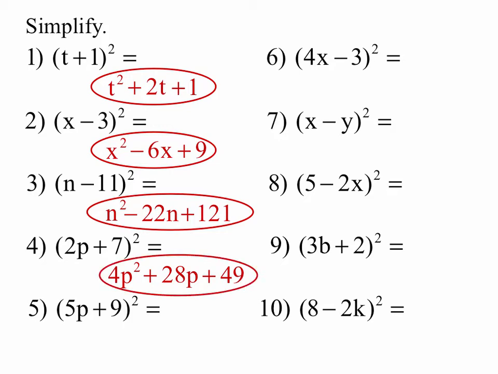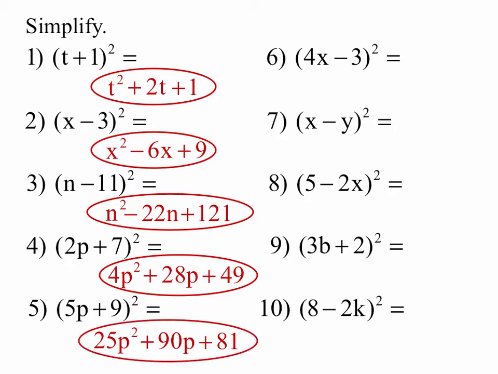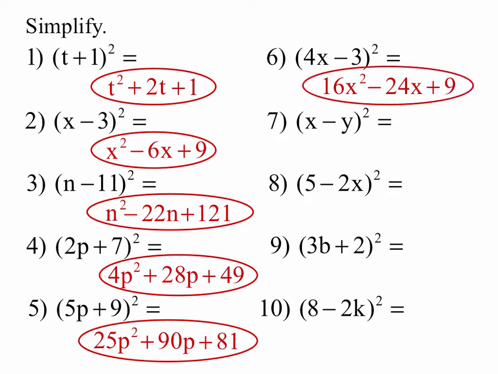Number 5, 25p squared plus 90p plus 81. Number 6, 16x squared minus 24x plus 9. Number 7, x squared minus 2xy plus y squared.